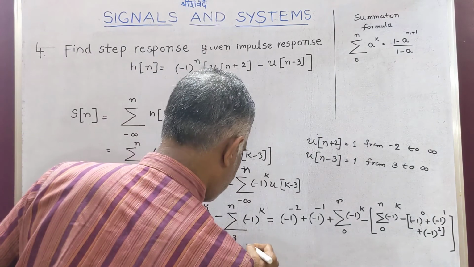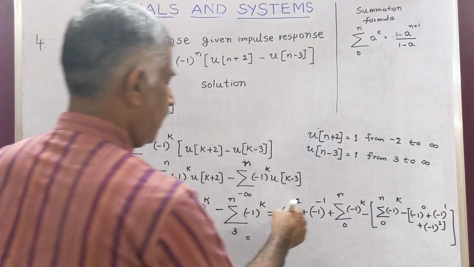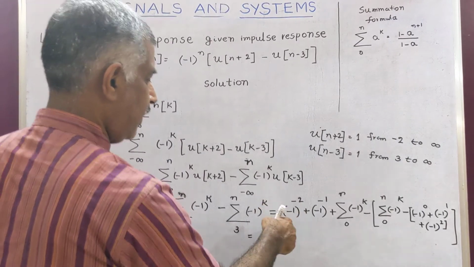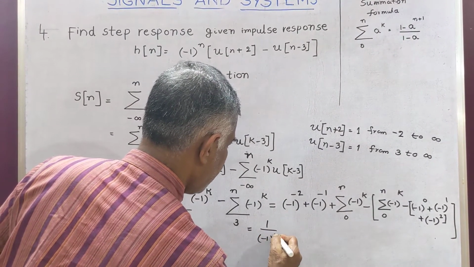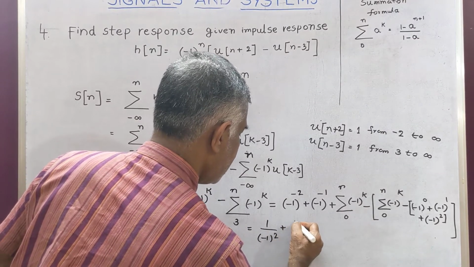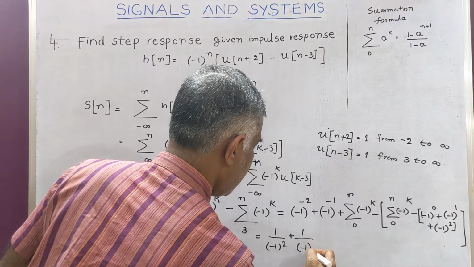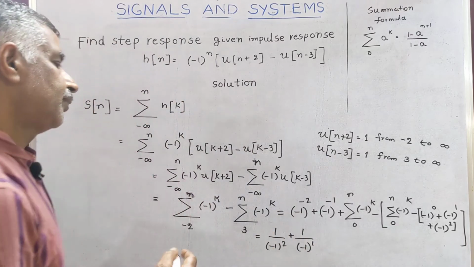Therefore, substitute: minus 1 squared plus 1 by minus 1 to the power of 1.